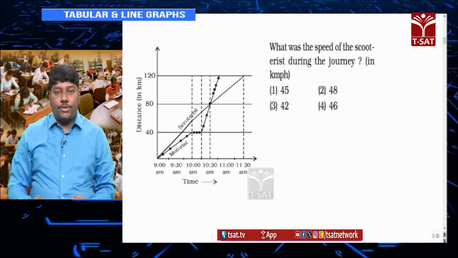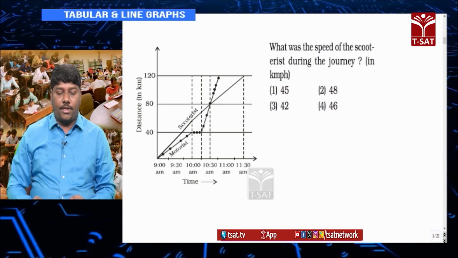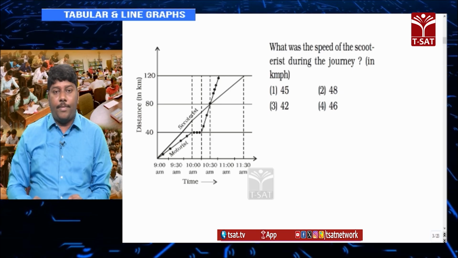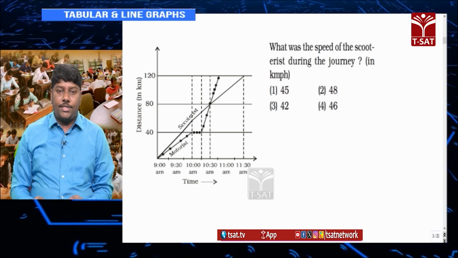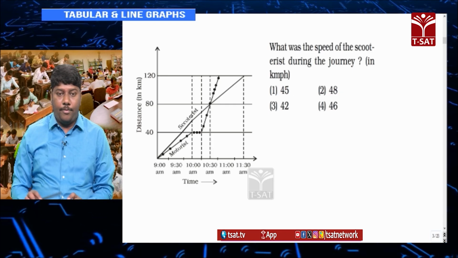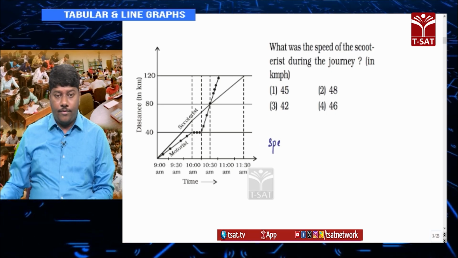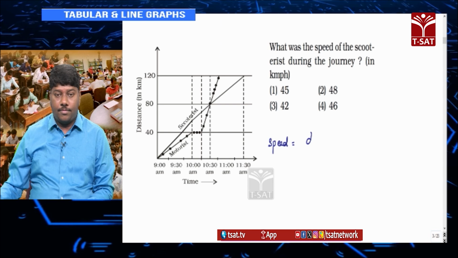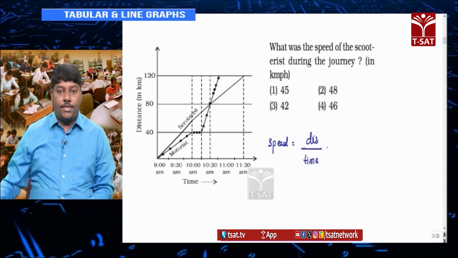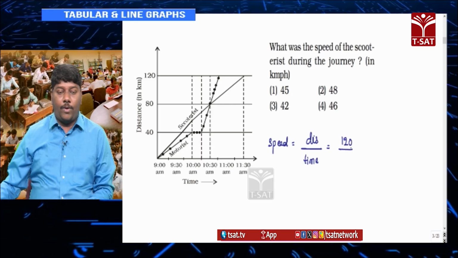What was the speed of the scooterist during the journey? Now he is asking you the speed of the scooterist. What do you mean by speed? Speed is nothing but distance travelled by time taken. What is the distance travelled by both of them? Clearly it is given that 120 kilometers were travelled by both of them. So first, when it comes to speed, we write the formula: distance covered by time taken. The distance covered by both is 120, but the scooterist is asked, so 120.